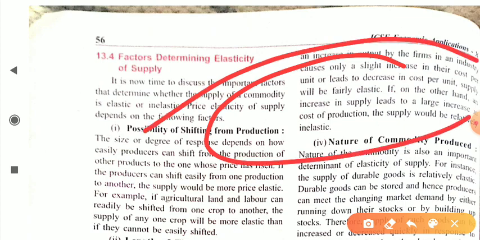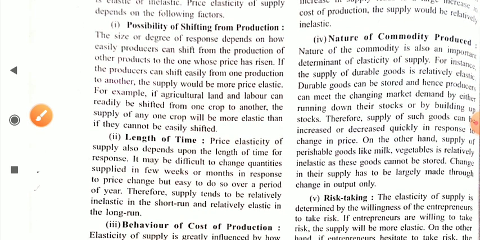Okay, dear student, next point is nature of commodity. Nature of commodity also affects the price elasticity of supply. If a commodity is durable, it can be stored for a long time, and a producer can meet changes in market demand either by running down their stock or by building up more stock.